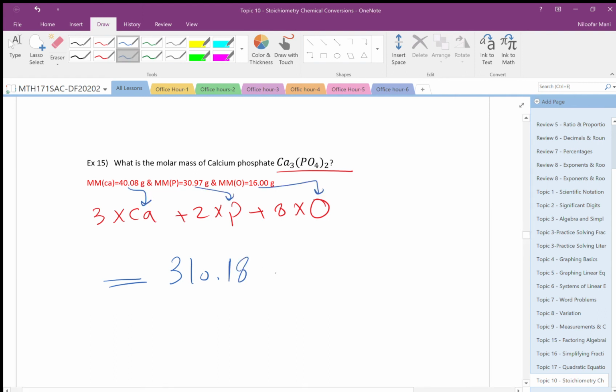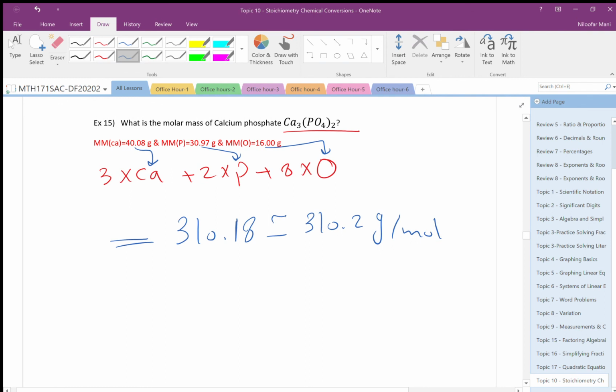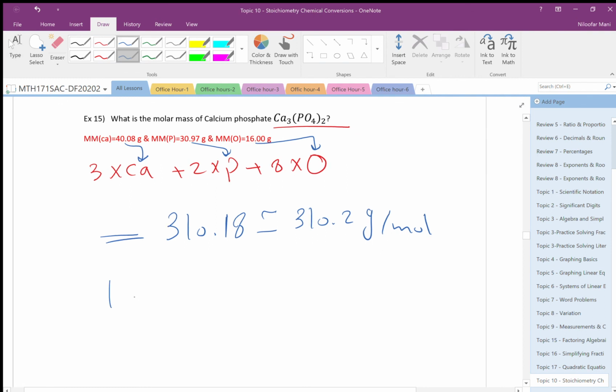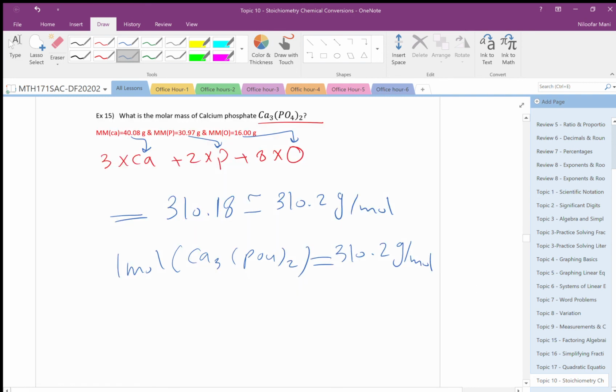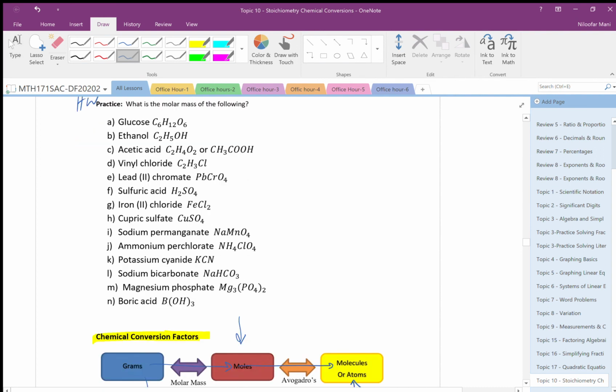Okay, so 18, and then I can say it's gram per mole. So here I can say 1 mole Ca3(PO4)2 is, oh yes, it's 310 grams per mole, right? Yeah. Okay, so now you can do this practice.